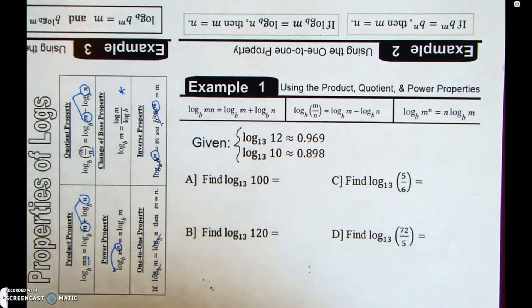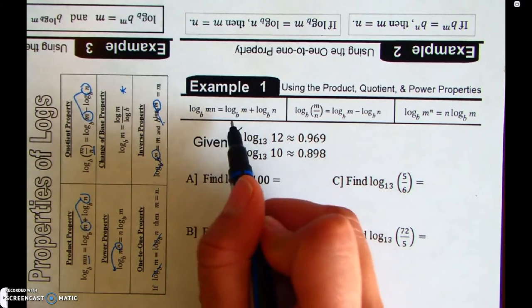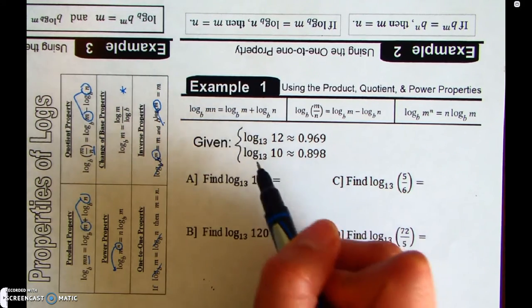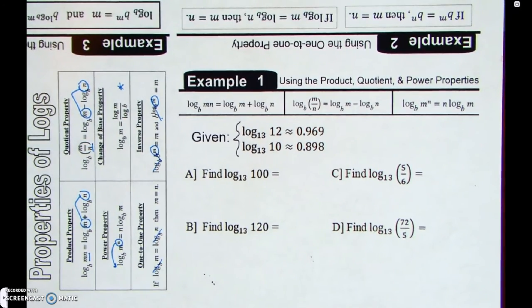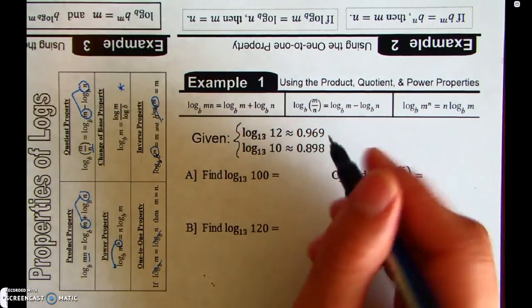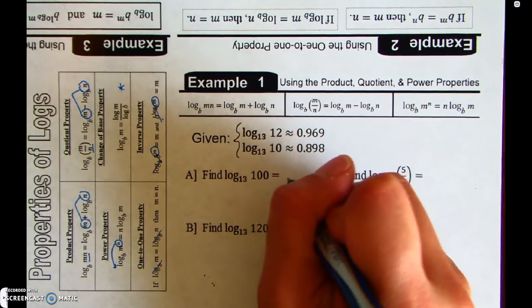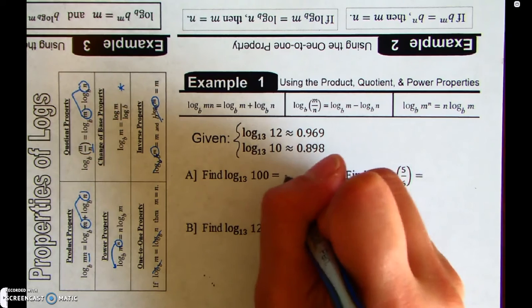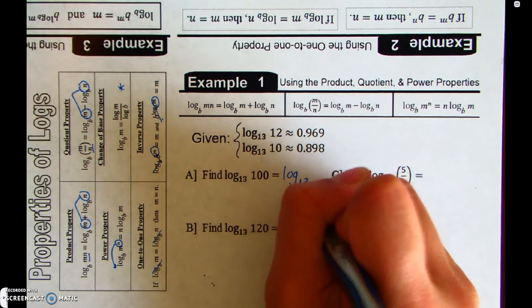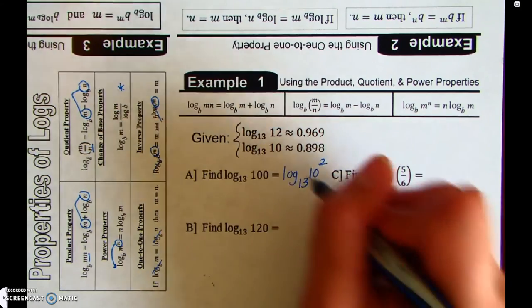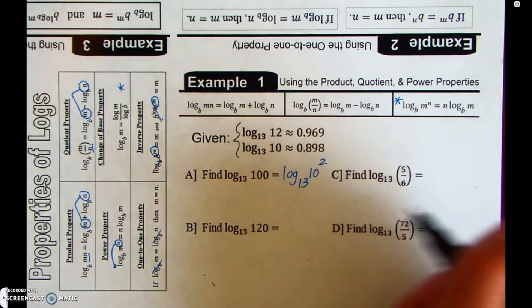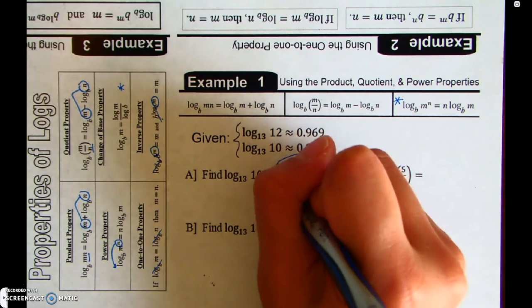If I look at A, one of the rules that we learned is that if we multiply two numbers together, it's the same thing as adding the logs. So if you look at A, how can I rewrite 100 given the information that we have? Well, I know that if I square 10, so log base 13 of 10 squared will give me 100. According to this property here, I'm going to take my power and move it to the front.